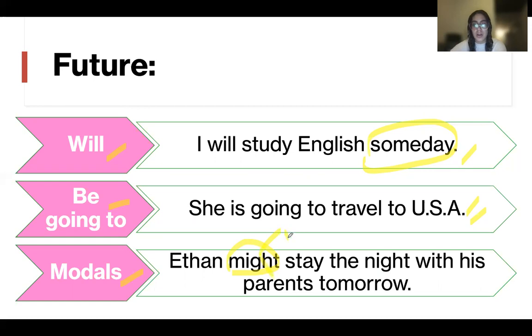So we have here a possibility to happen, or this is not a possibility to happen. Okay. So this is what I can say about tense that help us to be very clear about when an action is happening.